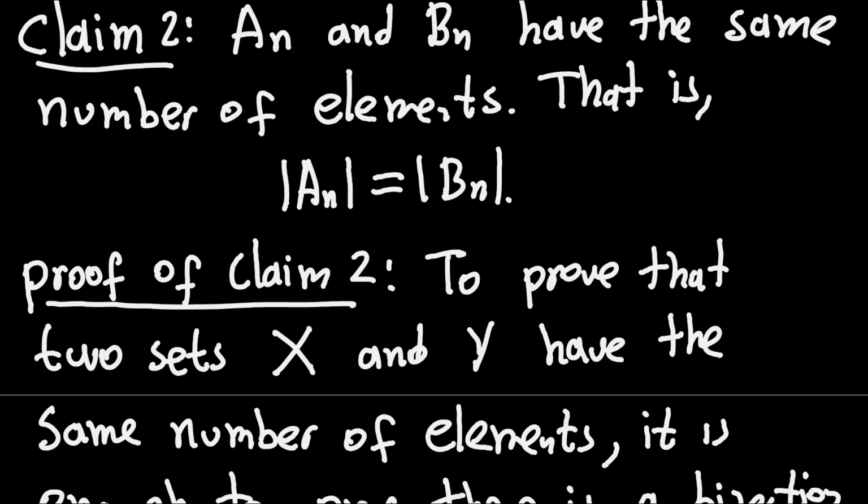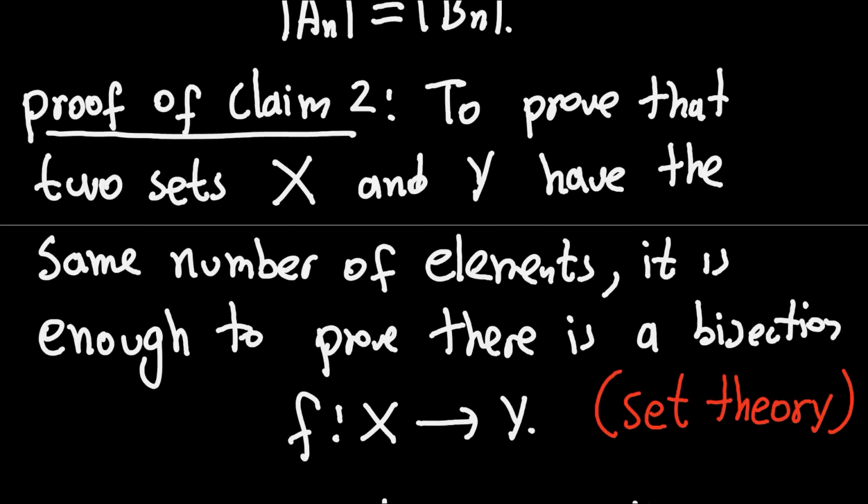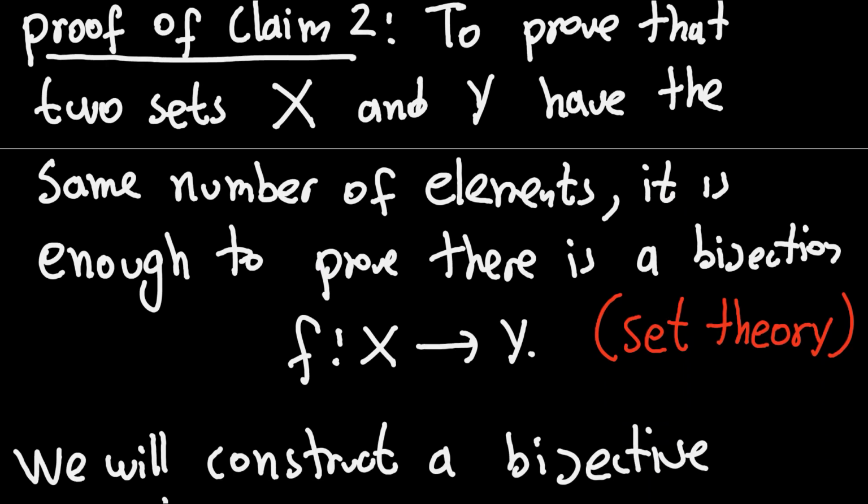To do that, I'm going to recall this from set theory. To prove that two sets X and Y have the same number of elements, it is enough to prove that there is a bijection between the two sets.